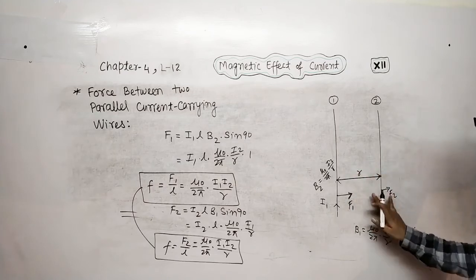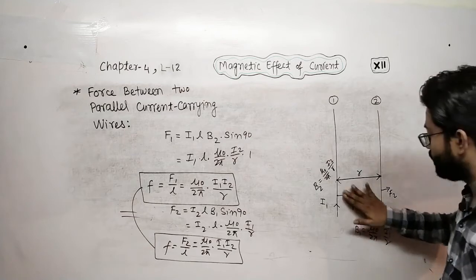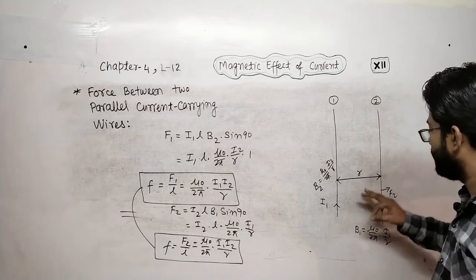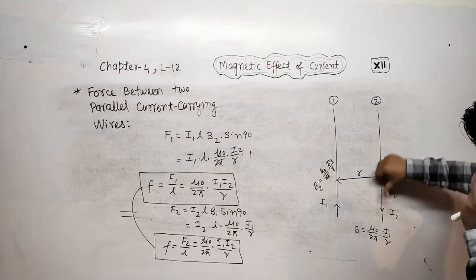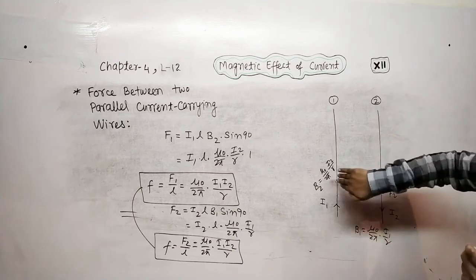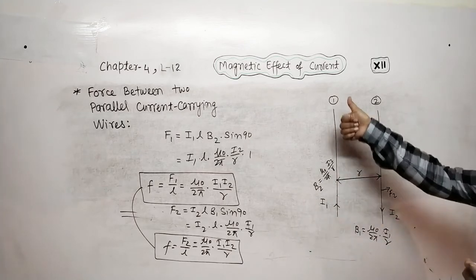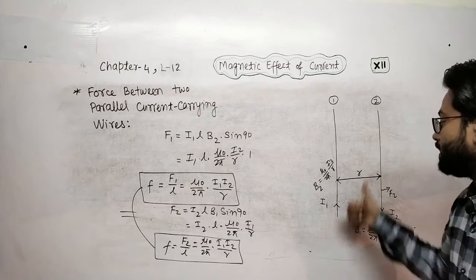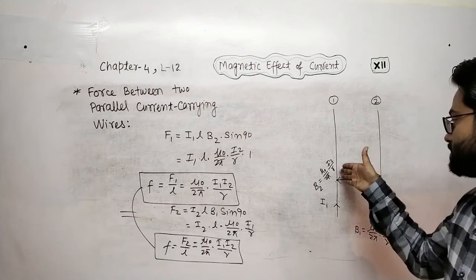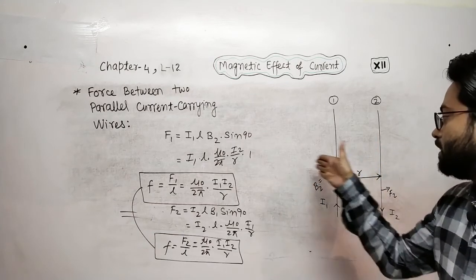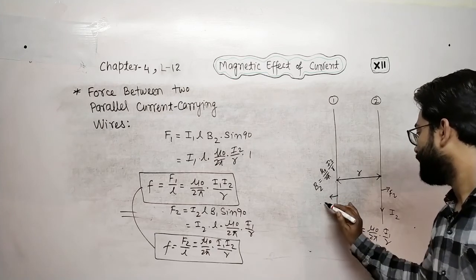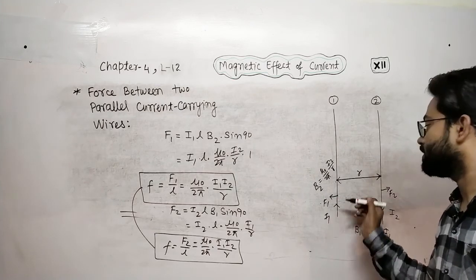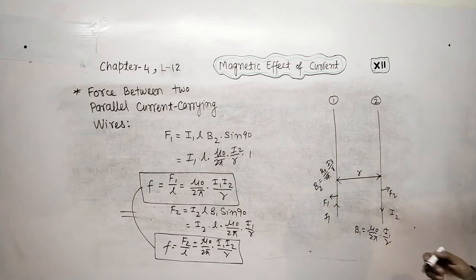Okay, and what about F1? Now the current is moving in this direction, at that point the magnetic field will be inside and the current is upward, so the force will be in this direction. That means F1 is in this direction, so the force is repulsive.